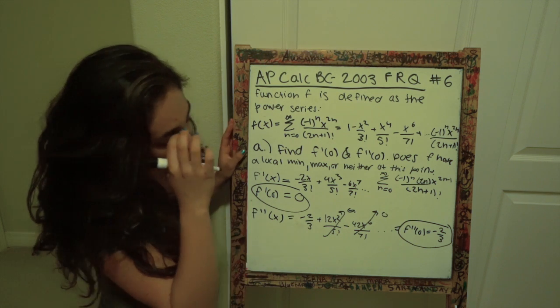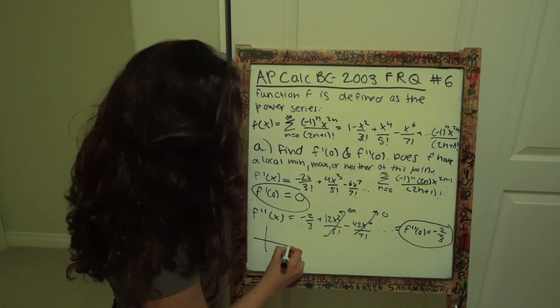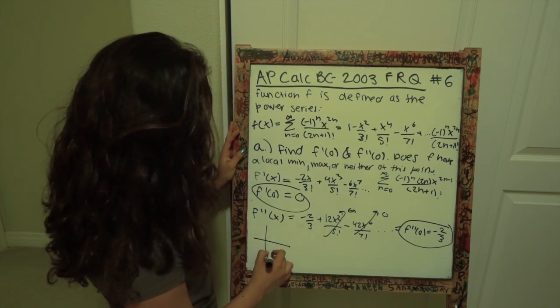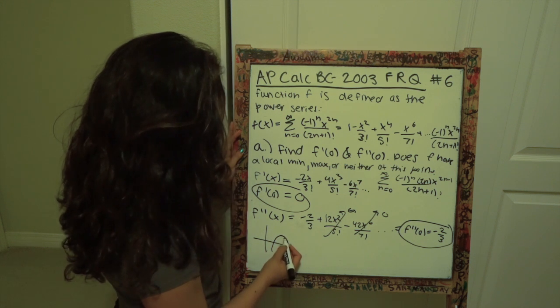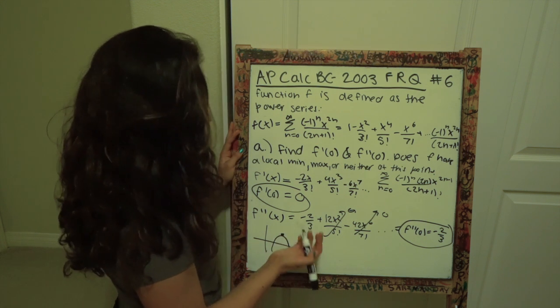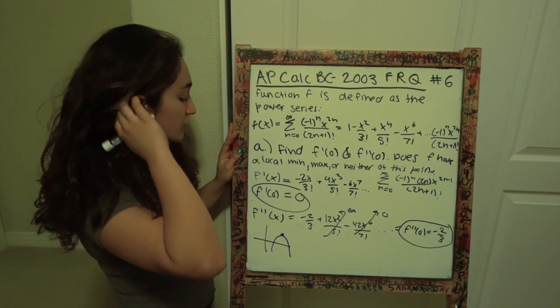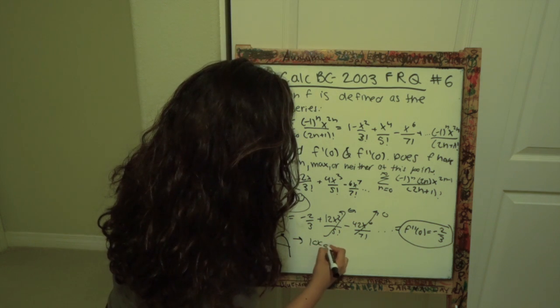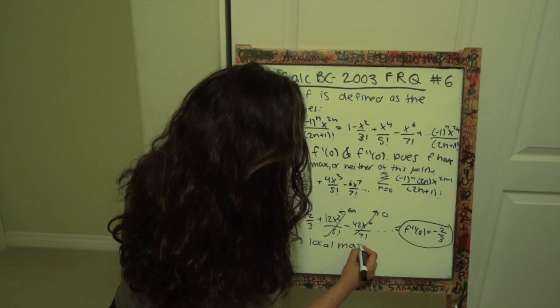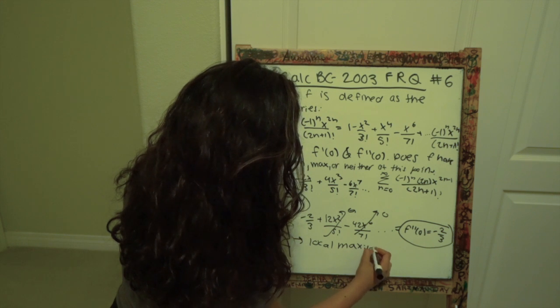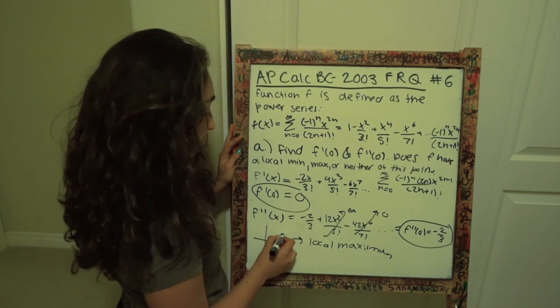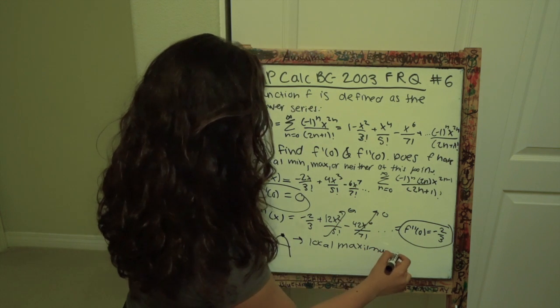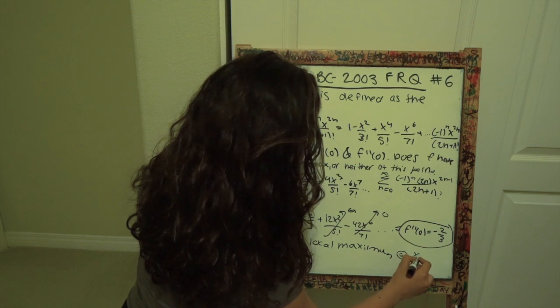Since the second derivative is a negative number, we have a function that's concave down. So because it's concave down and our first derivative equals 0, we know that this is going to be a local maximum, because if it's concave down, the peak of the graph creates a maximum. So we know there's a local maximum at x equals 0.